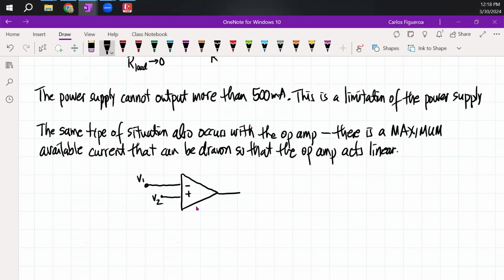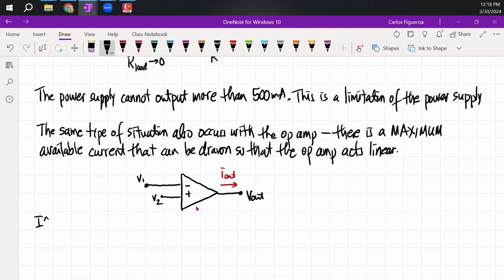When I'm thinking about the current, this is the out. And typically, they say that the current flows in, but for this situation, I'm going to say that we're trying to pull more current out in this direction.